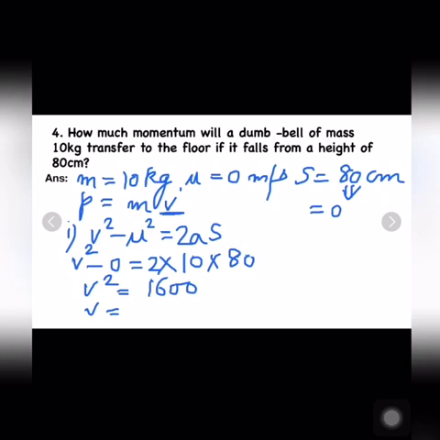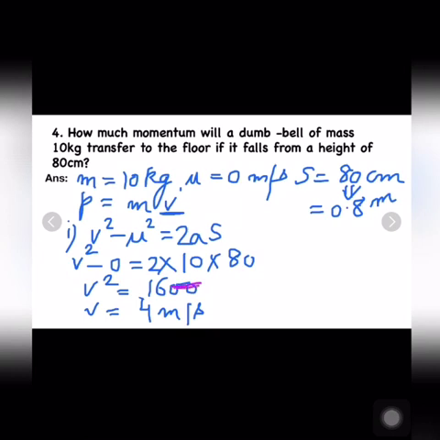Sorry, here distance is given to you in centimeters, so convert it into meters. 0.8 meters. So the value of v comes out to be 4 meter per second.